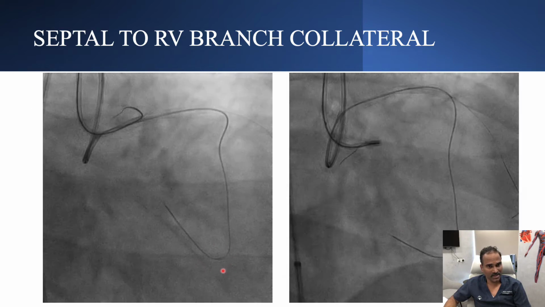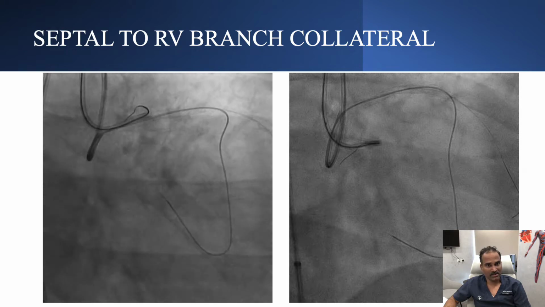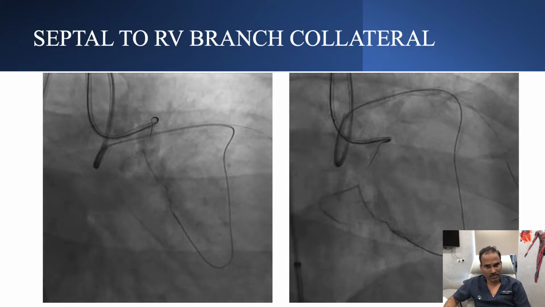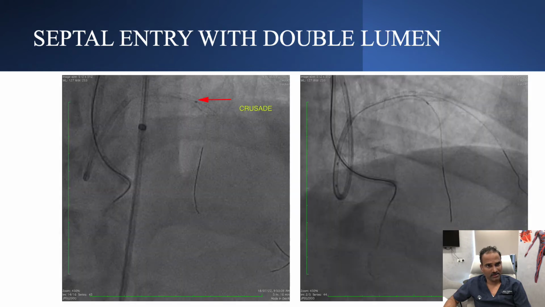When such a bend is there, advancing the microcatheter can injure the collateral here. So the septal to epicardial transition is more vulnerable to rupture when you try to advance a microcatheter here. That's where I walked out of the RV branch collateral and explored further the first septal collateral.